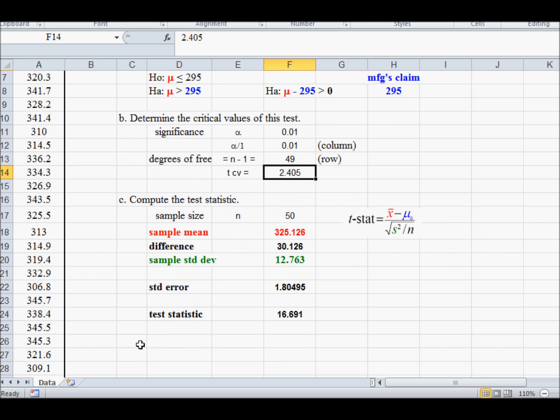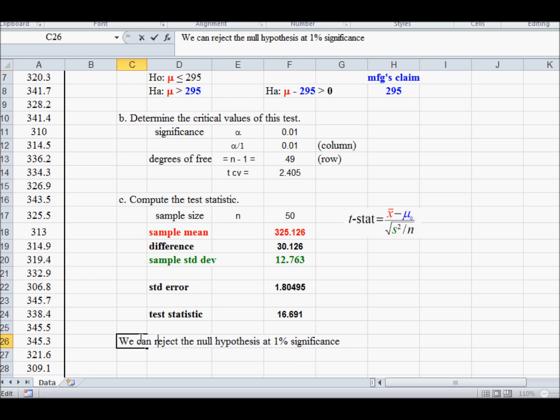So we are going to reject the null hypothesis. And you don't just say you reject the null hypothesis, you say you reject the null hypothesis at the significance level. We can reject the null hypothesis at 1% significance.